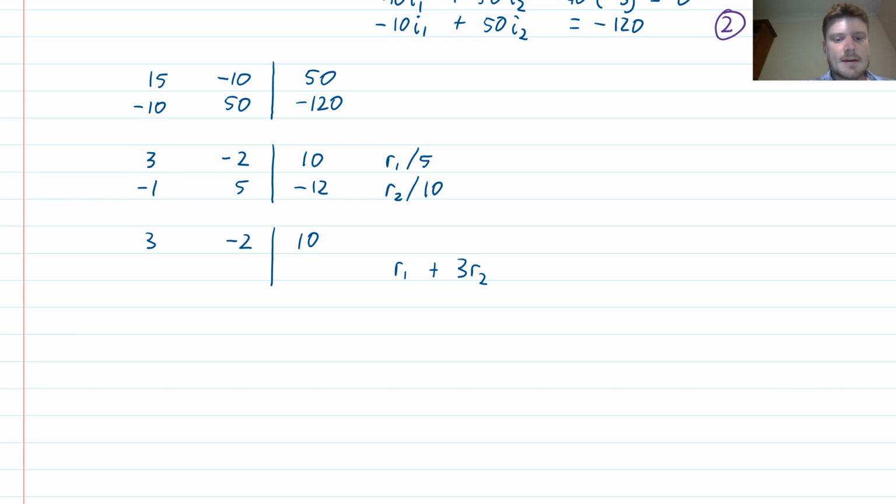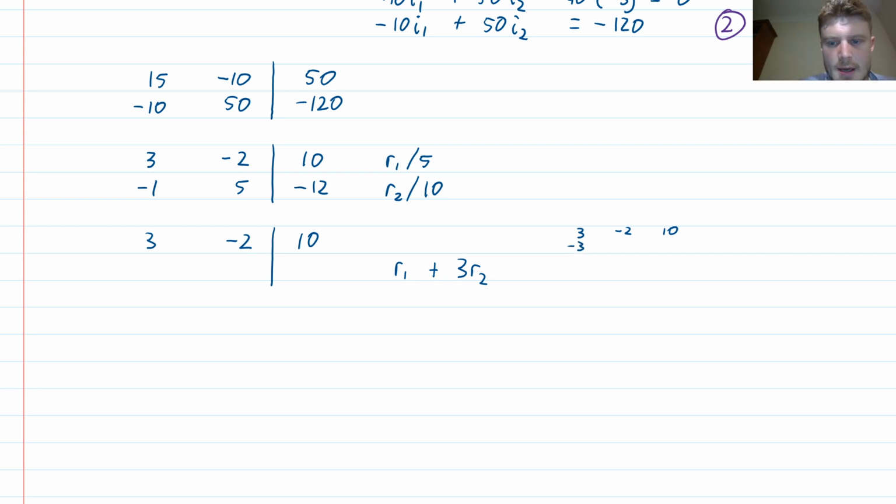So let's go ahead and calculate that. Just so that I don't make a mistake, I'm going to write out, over the right-hand side here, the expression that I'm evaluating. So for row 1, I have a 3, a -2, and a 10. And then 3 times row 2, so I'm reading these numbers here and just multiplying them by 3.